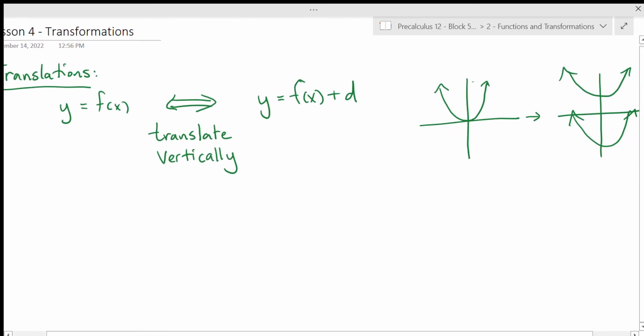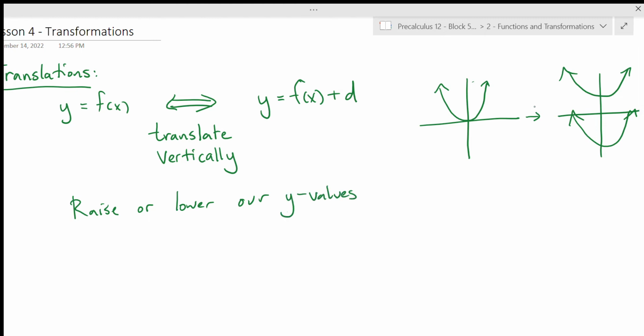So when we have y equals f of x plus d, we raise or lower our y values by d.